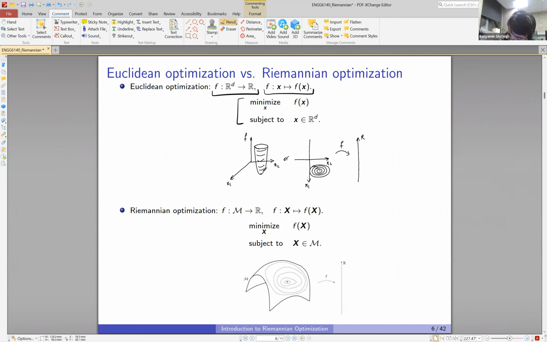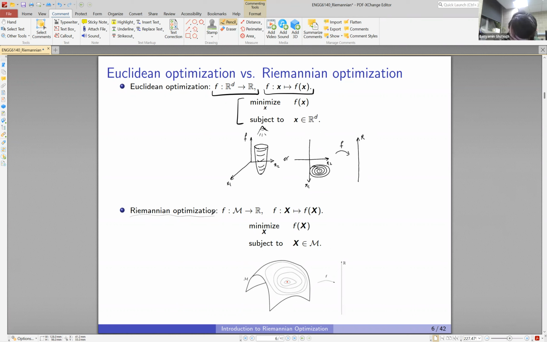This is the cost value. I want to minimize it. I can look at it from above. It will be like this. At each curvy line, the function value is the same. So I can say F is a mapping from this two-dimensional or D-dimensional space to a scalar in R.